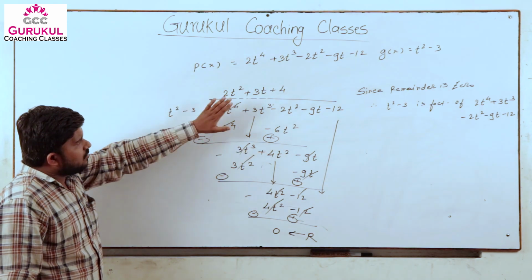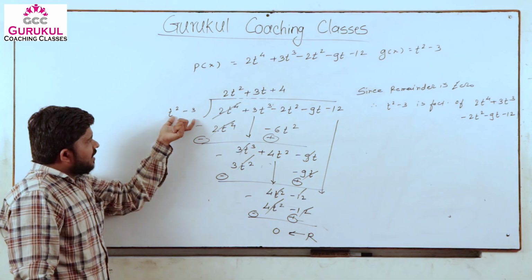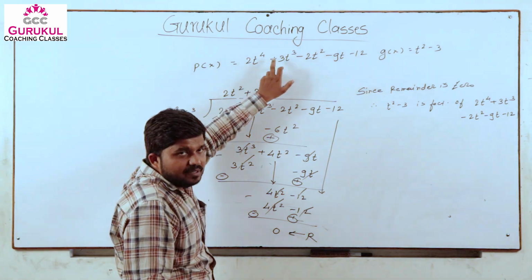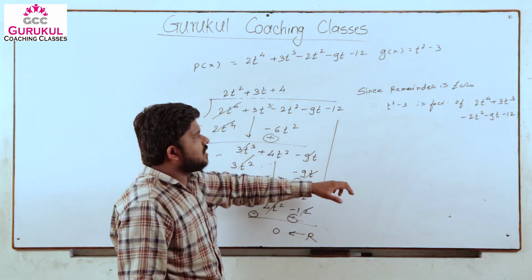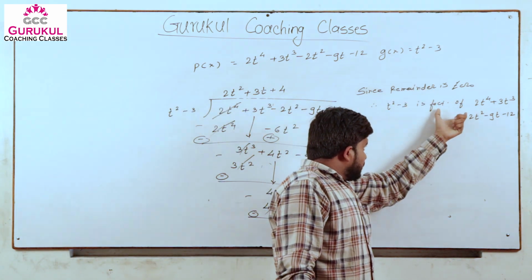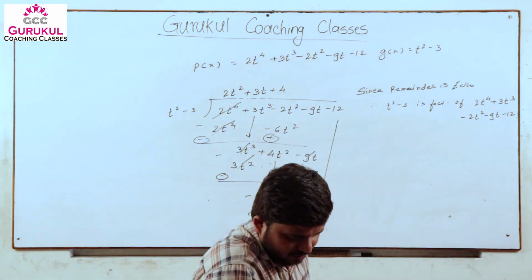After long division, when the remainder is 0, we say that t square minus 3 is a factor of the given polynomial. If the remainder is not equal to 0, then we say that the given g of x is not a factor of p of x. Now the next sum.